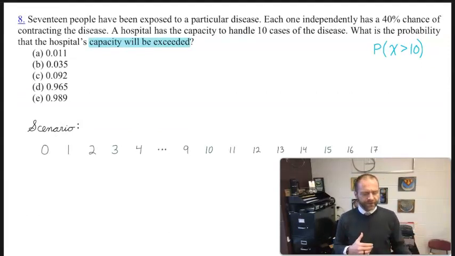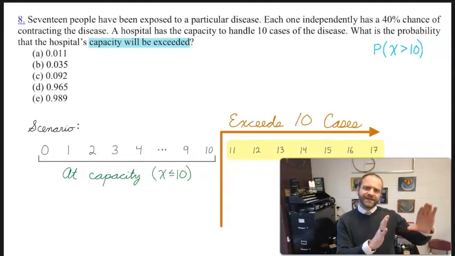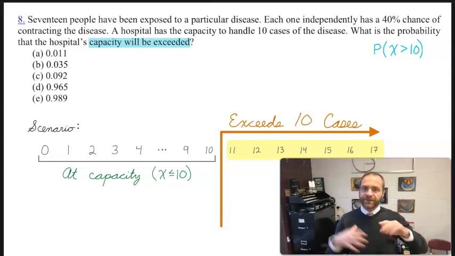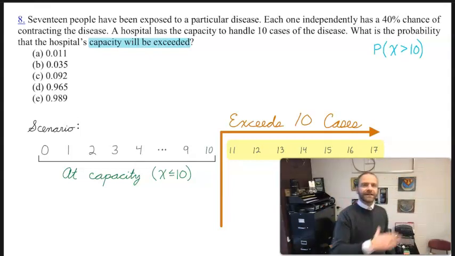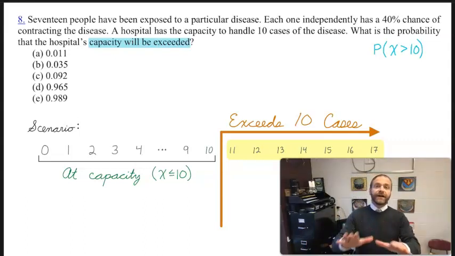If the hospital exceeds 10 cases, then they are over capacity. So that means 11, 12, 13, 14, 15, 16, etc. That means the hospital has exceeded capacity. If it's between 0 and 10, the hospital is fine. It's at capacity or less.